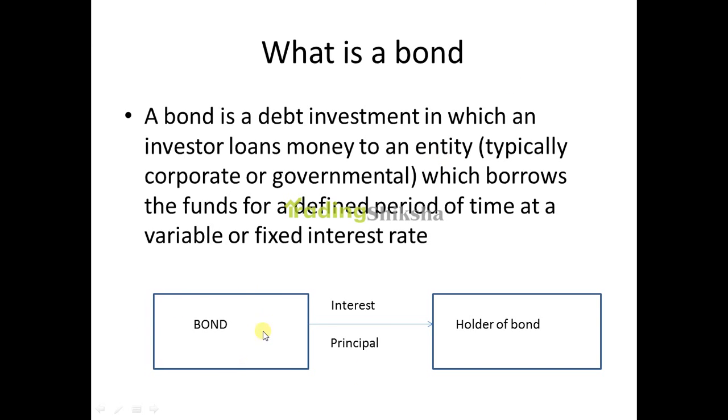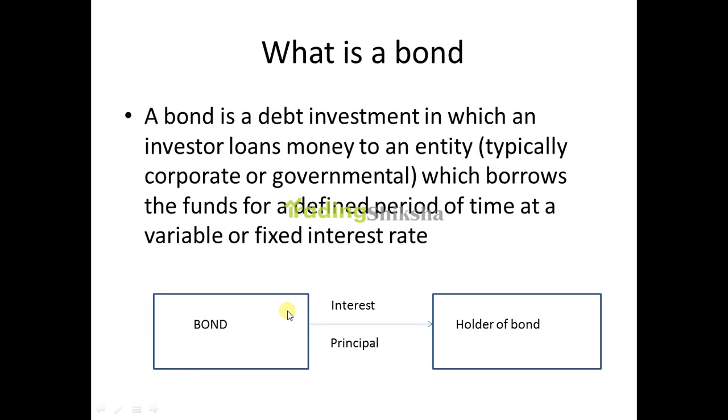So there is a bond issuer and a bond holder, basically the bond buyer. The bond buyer loans money to the bond issuer, and in return the bond issuer pays the bond holder interest, and in the end, at maturity, the principal.